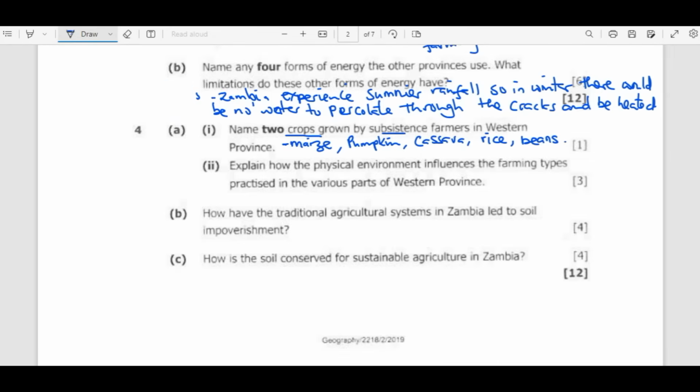Okay, so we are saying that the first one is Letaba. Letaba is a method of farming which is practiced in Western Province.